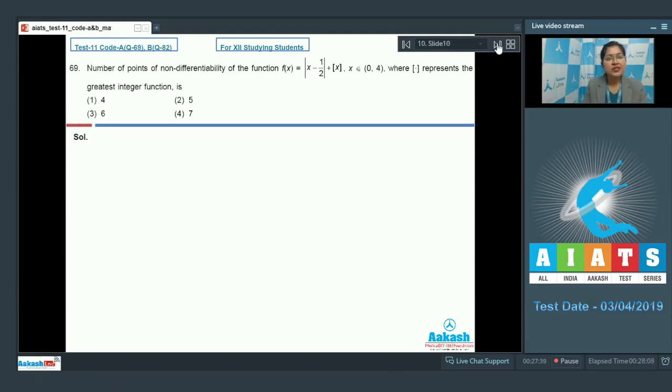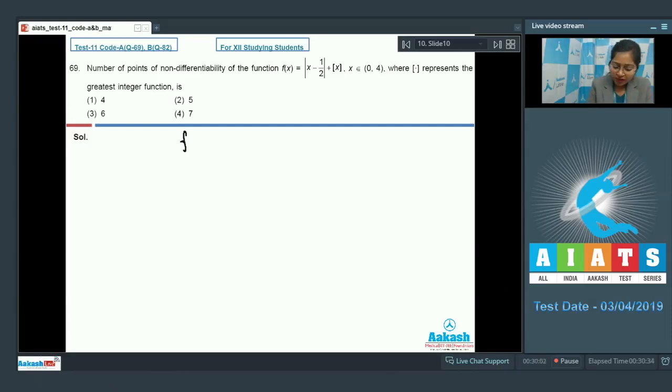Next is question number 69, which says that the number of points of non-differentiability of the function f(x) equal to mod x minus half plus greatest integer of x, where x goes from 0 to 4, is. We have to find the number of points of non-differentiability.